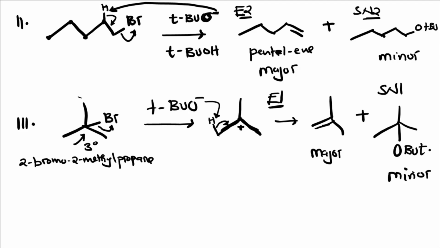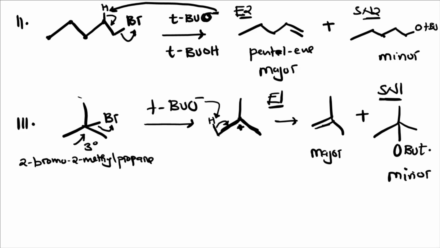Why is the one occurring by SN1 a minor product? Because look at this. This is a tertiary carbocation. The nucleophile is also bulky. This is tert-butoxide. It's also bulky. So for the bulky group to come and attack this carbocation, there's going to be a lot of steric hindrance. That's why this is the minor product.